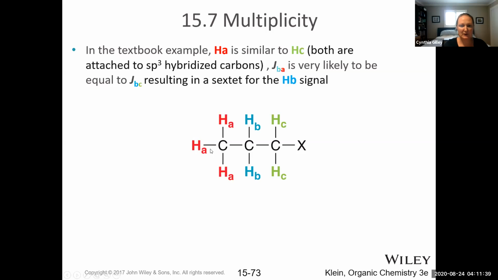So we'll be able to add them up just like the last possibility and use the n+1 rule, even though A and C are not equivalent. This is equivalent and those two are equivalent, but C is not equivalent to A. Even though that's the case, if they have the same coupling constant, they act as if they're equivalent, and we're able to use the n+1 rule. So this will produce, with 5 neighbors, a sextet for HB.